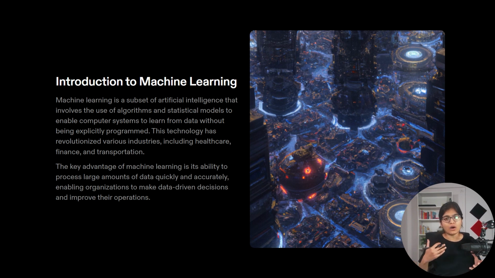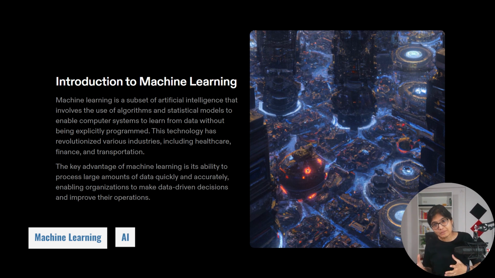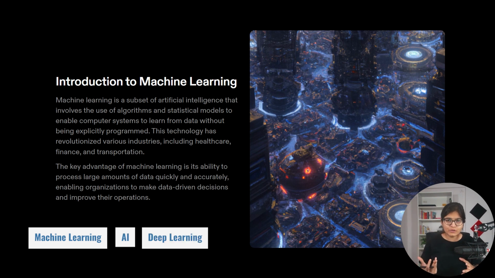I hope that you already have heard of terms like machine learning, AI, deep learning. If I ask you what the difference is between these three terms, AI, ML and DL: whenever I say AI, it's a complete, I would say, superset or a bigger circle, which is a complete system that imitates human behavior.